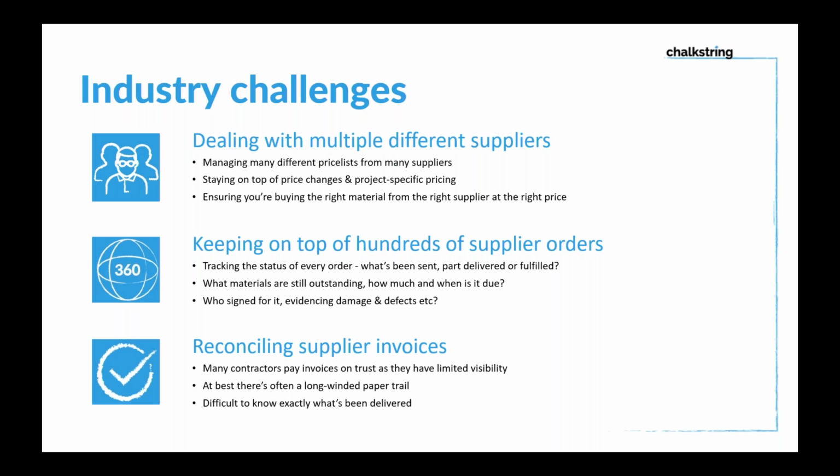But at best, if you do want to check it, there'll be a long-winded process with lots of bits of paper being passed across people's desks. And that's assuming people are in the office to pick up the paperwork and check the invoices. So it's very hard to know what to approve, the status, what's been delivered, what to query, what to reject, and give yourself that position of control over paying your suppliers rather than reactively just paying everything.